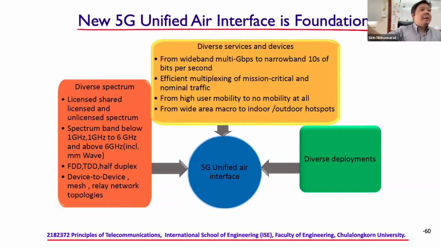Because these are public resources that are supposed to be used by citizens. So the government takes hold of it and auctions it off to license providers. Okay. So you see diverging types of spectrums.